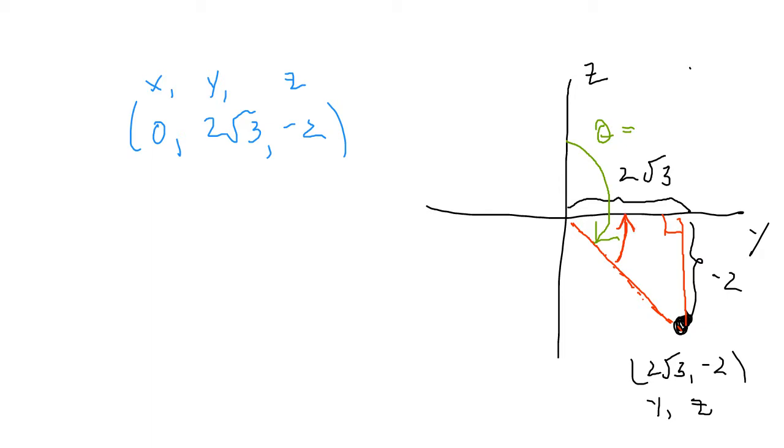I'll call it alpha. What's that reference angle going to be? How many degrees? Hold that thought, Brian. This side's 2 root 3. This side's negative 2. I probably didn't draw it exactly to scale.